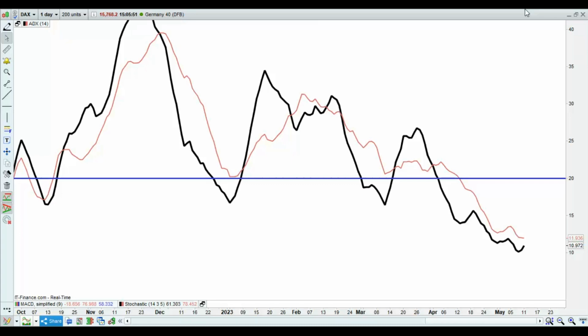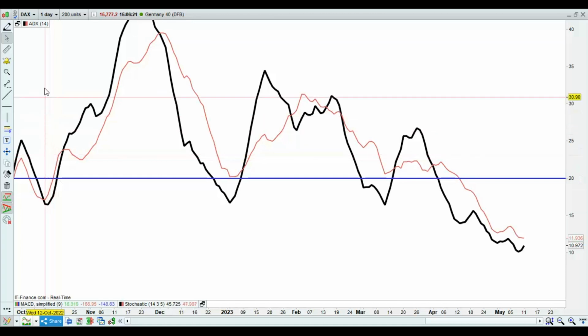This is about the strength of a particular move. So we had a lot of strength back in October, and we had a lot again in January, and then since April it really has been dropping, and you can see it's making a lower high there, and a lower high there. Just quickly show you that back in October and then January.